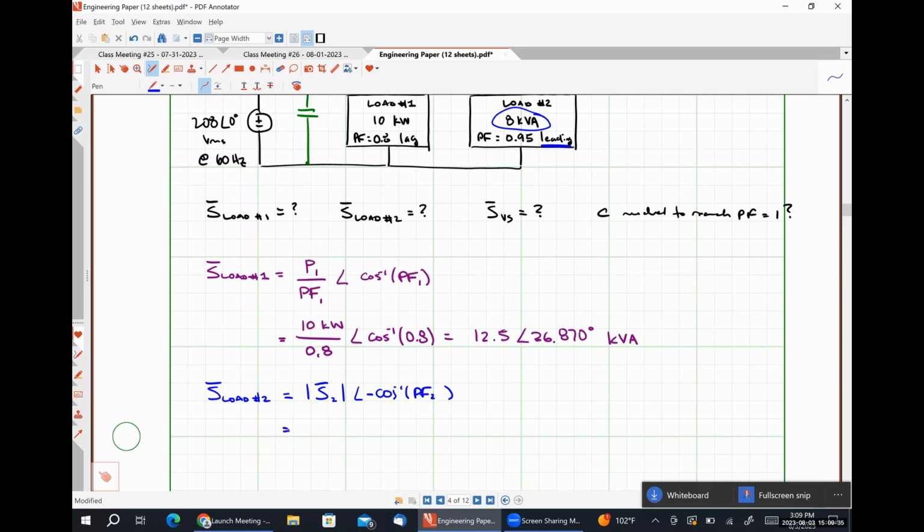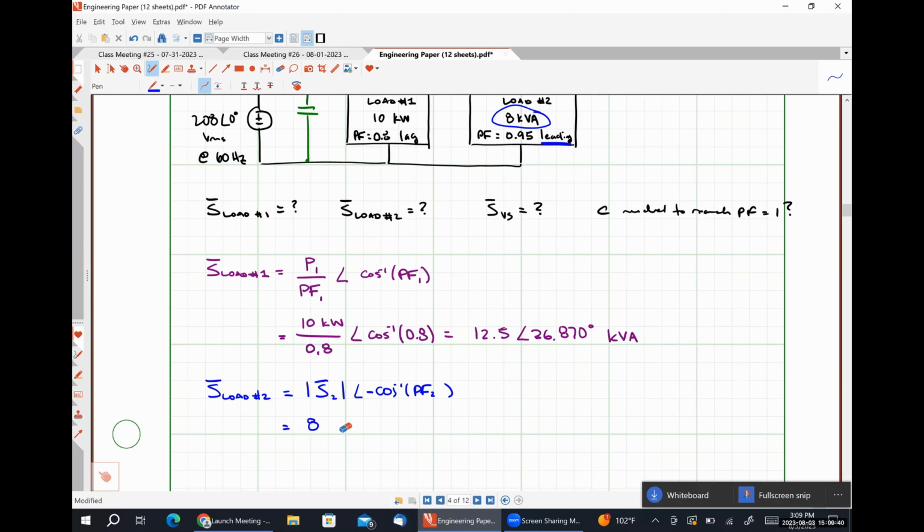Actually, let me put this as PF2. So substituting in numbers here, we're going to have 8 kVA, angle negative inverse cosine of 0.95. Let me put parentheses around this because I'm not sure it worked out just right.